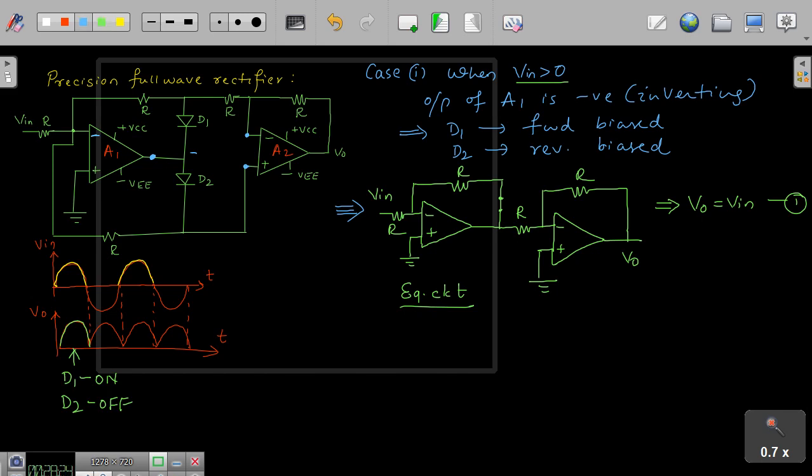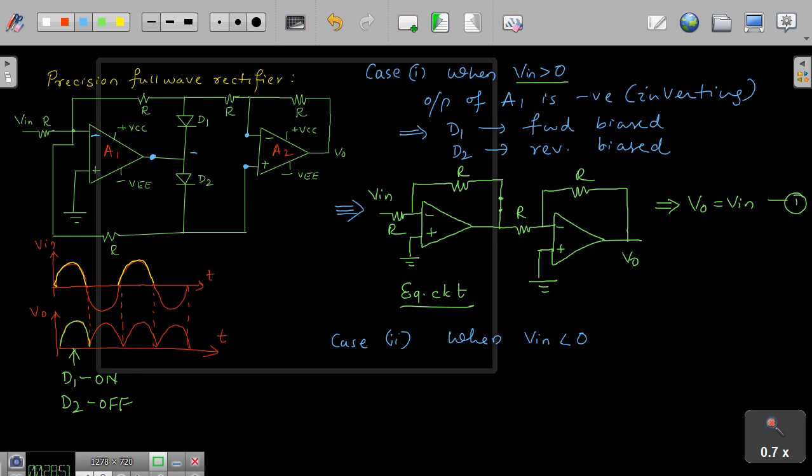Now let us look into the second case, case 2, when V in is less than 0. When V in is less than 0, again I need not explain the same thing.